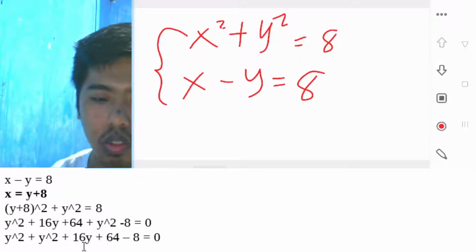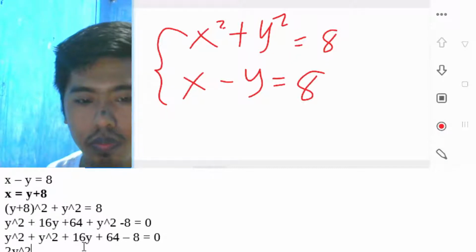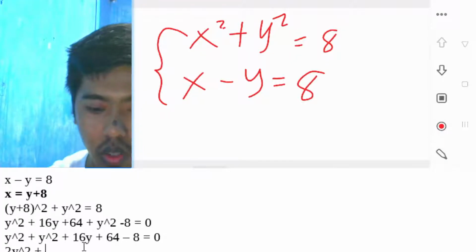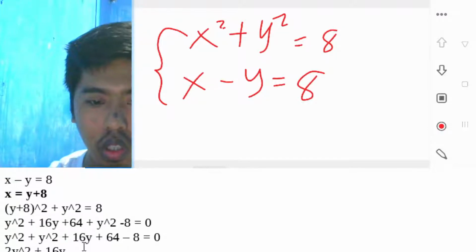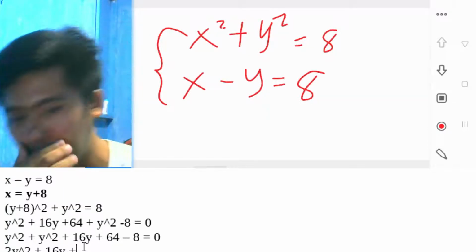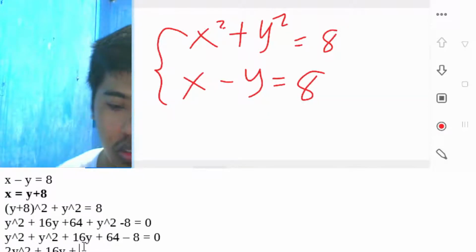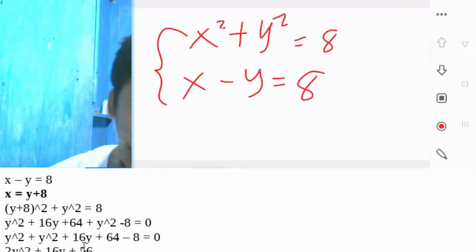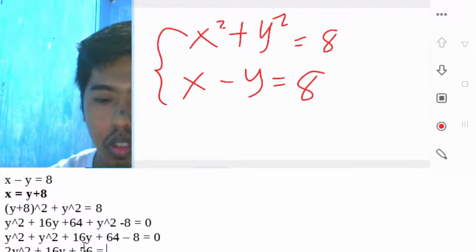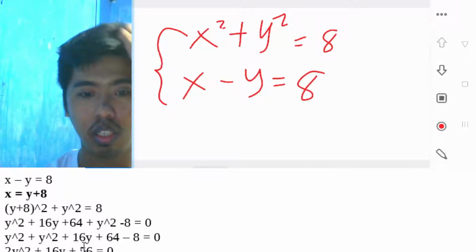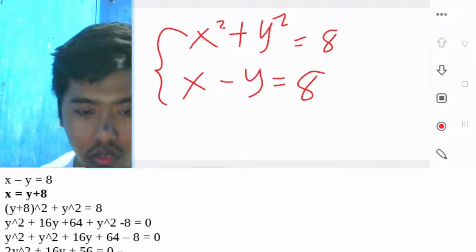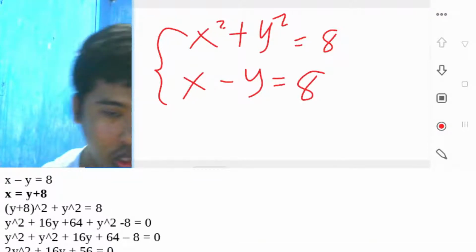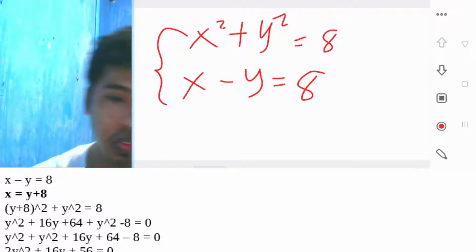Then add like terms. This is 2y squared plus 16y plus 64 minus 8, that's 56. Equals 0. Now I have this: 2y squared plus 16y plus 56.